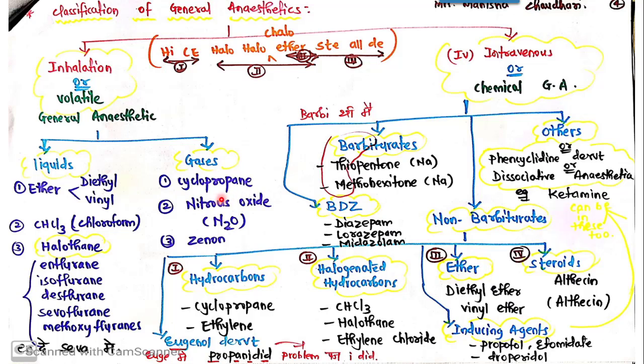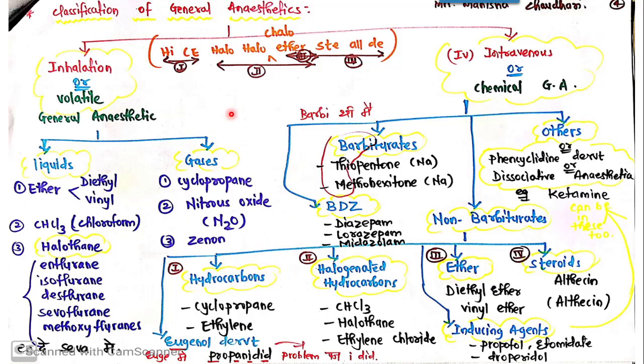So it is a triangle. Simply draw the triangle with CH2, CH2, CH2 combined in a cycle form. Then the second is nitrous oxide, which is N2O, and the third is xenon. These examples are also quite easy to remember.